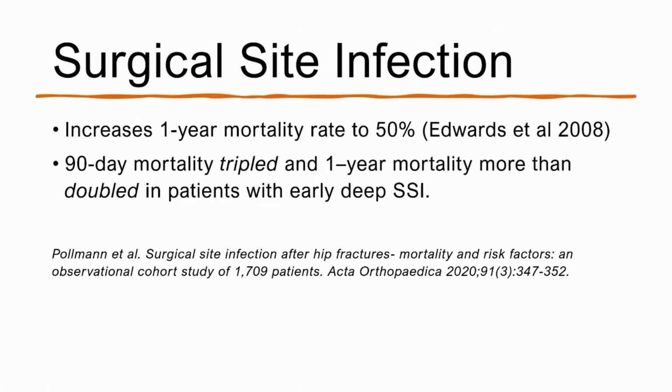Surgical site infection worsens the mortality rate. In this study, early deep surgical site infection tripled the 90-day mortality rate and more than doubled the 1-year mortality rate in patients with hip fractures.